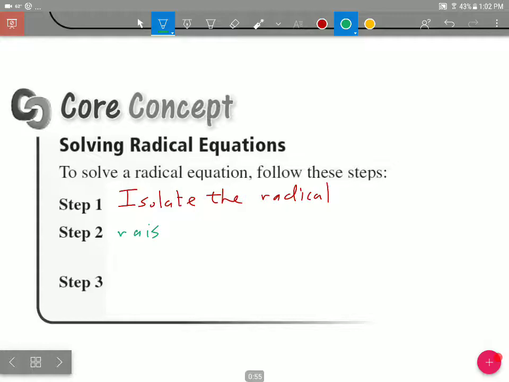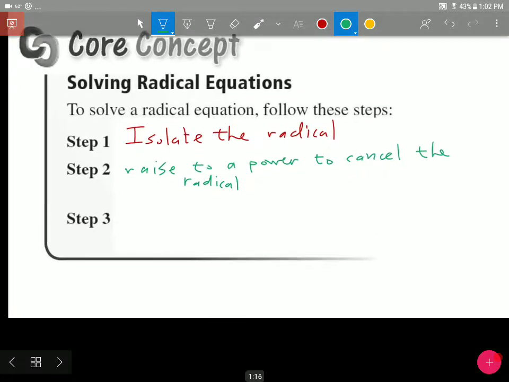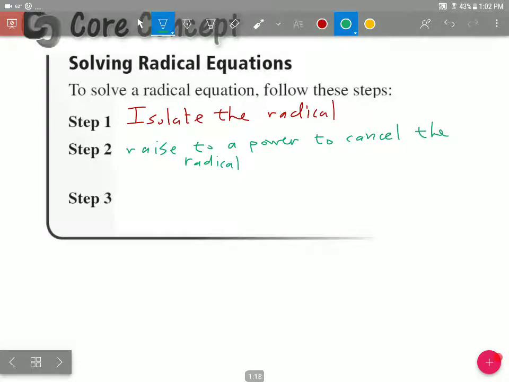Raise to a power to cancel the radical. For example, if it's a square root, you square it. If it's a third root, you raise it to the third. If it's a fourth root, you raise it to the fourth. If it's a fifth root, you raise it to the seventh. No, you raise it to the fifth.